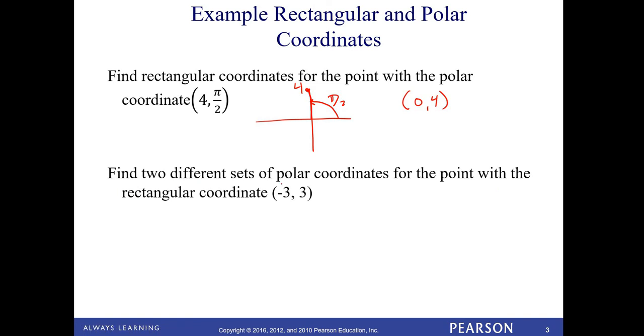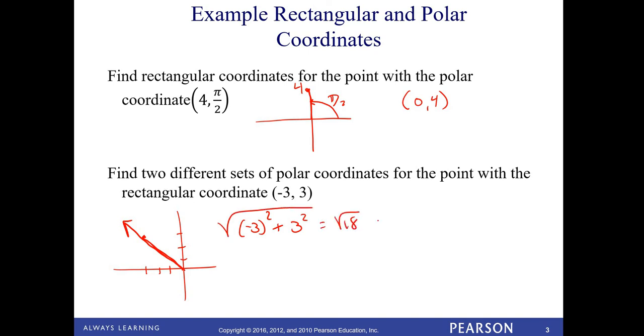Find two different sets of polar coordinates for the point with the rectangular coordinates of -3, 3. Again, this is on the line y equals -x, and it's over 3 and up 3 units, so I should be able to find the distance from the origin. That would be found at -3 squared plus 3 squared and take the square root.